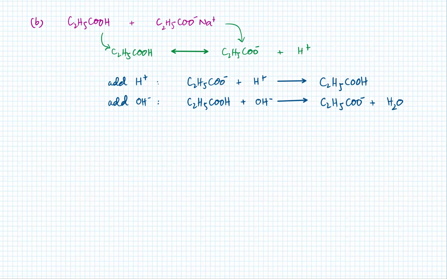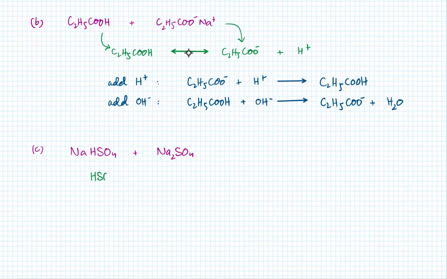Let's do one for an acid salt. For an acid salt, it's kind of harder to figure out which one is the weak acid and which one is the conjugate base. So if I have NaHSO4 mixed with Na2SO4, remember I told you to just ignore Na, it's a spectator ion.